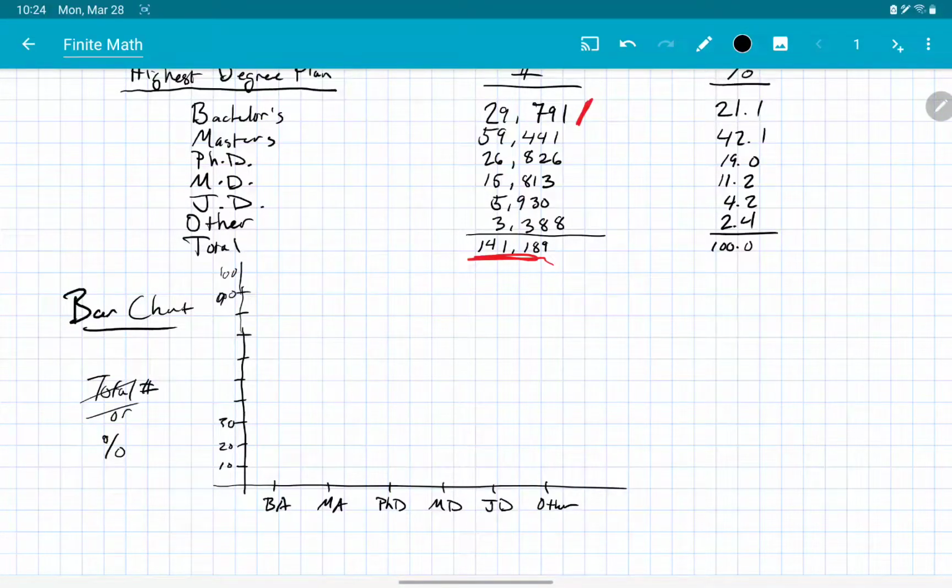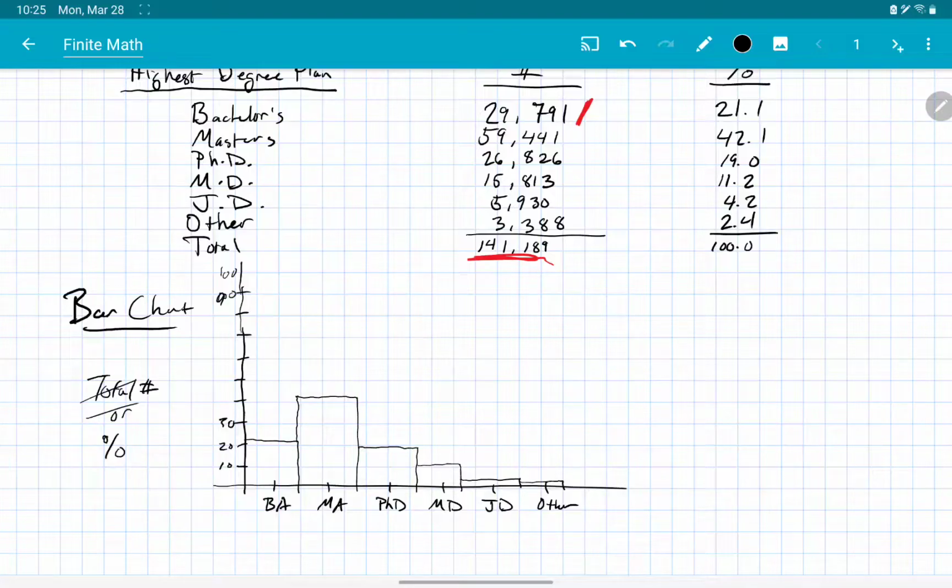Okay, so here's my bar graph. 21% say they're going to get a BA, so we draw this bar at 21%. 42% say MA, so I go up to 42% thereabouts, draw a bar. 19% say PhD. 11% say MD. 4% say JD. And 2% say other. Okay, so there's my bar chart.